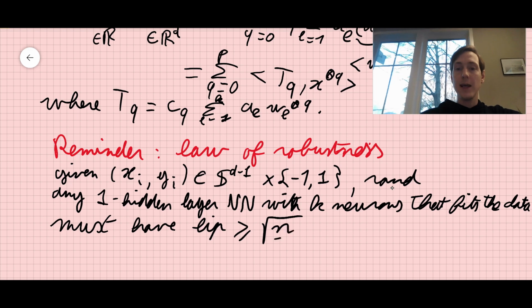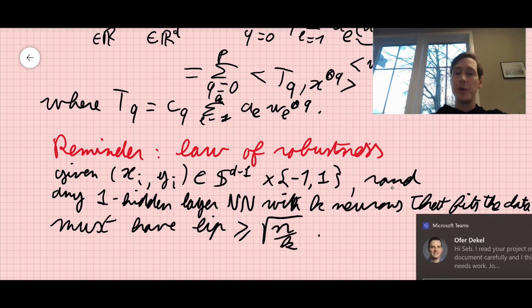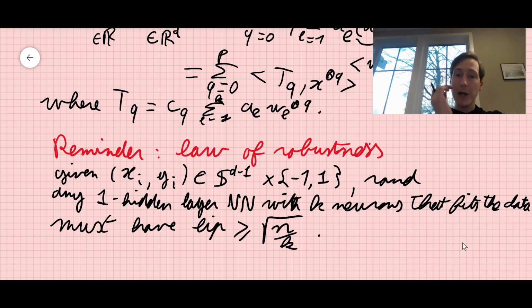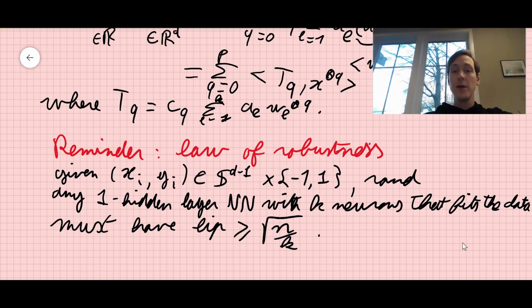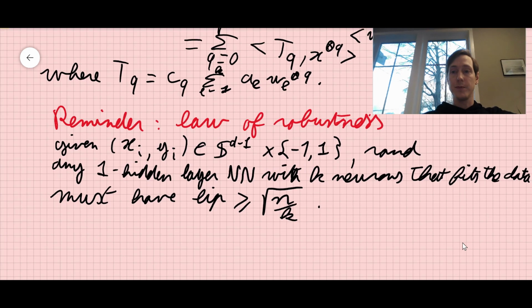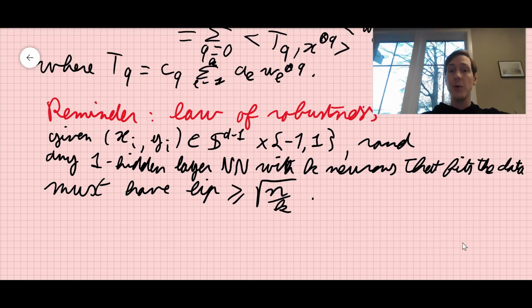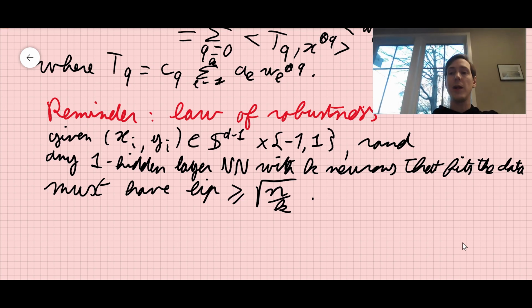So it cannot be too robust, and if you want it to be robust, you need to have many neurons. So this is our law of robustness, and moreover, we conjecture that this is achievable, namely there exists a one hidden layer network with k neurons that fits the data and has Lipschitz constant square root n over k.